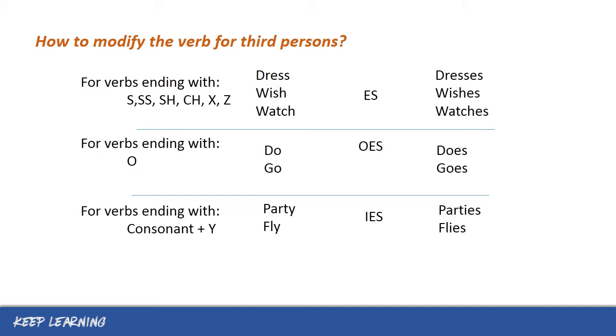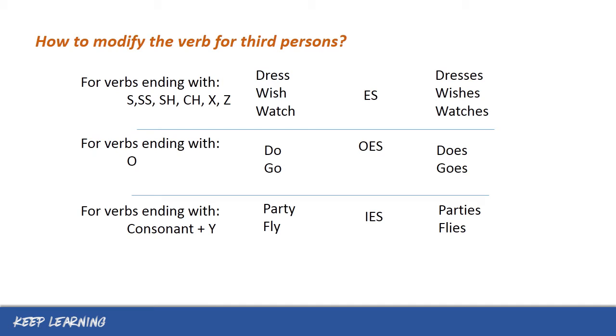So for the third person it will be dresses, wishes, or watches. The objective here is to add that extra s to the pronunciation, so you know that you're in a third person form, right?